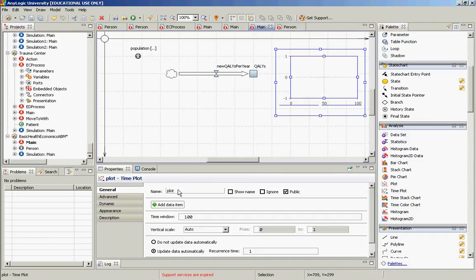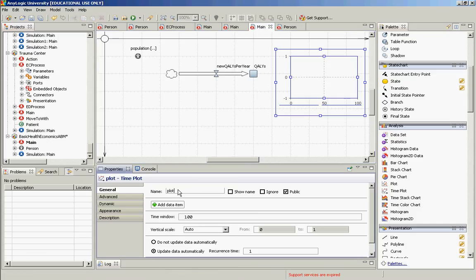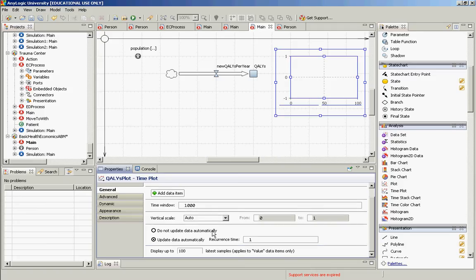In this, we could create a qualies plot, and we'll have a time window of however long it takes.